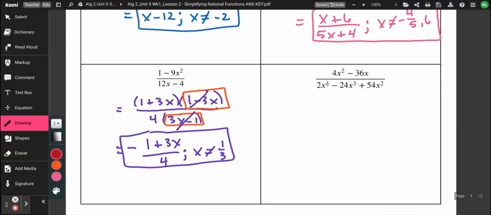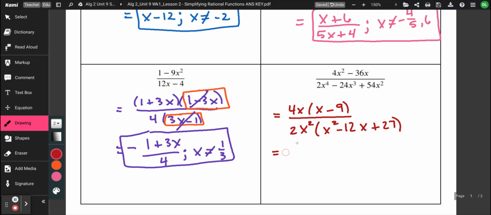Good. And then the last one, we'll factor out a 4x. And that'll leave me with x minus 9. In the denominator, we're going to factor out a 2x squared. And that will leave me with x squared minus 12x plus 27.